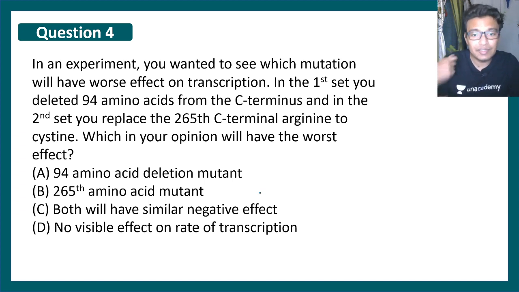And these residues need to be phosphorylated in order to start the transcription. Now, if you delete 94 amino acids from the C terminal domain, right, then the chances are your heptad repeats are also gone. So that is why this particular mutant would have the worst effect. If you don't know what the eukaryotic transcription process is, you can always go and watch the lecture in the I button. So the link is given in the I button.